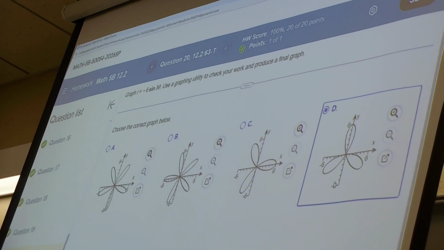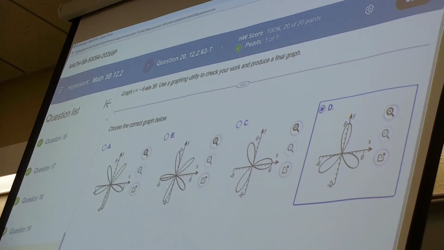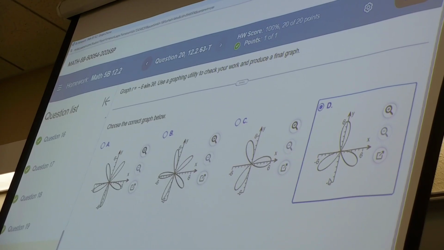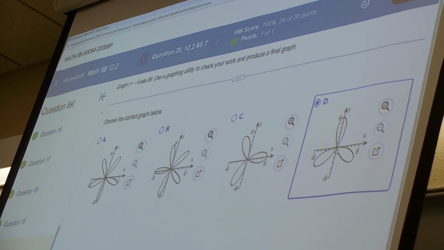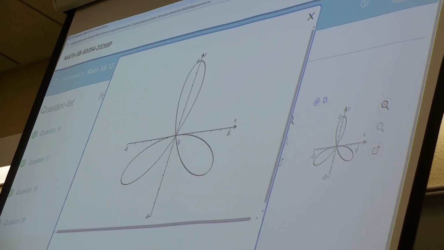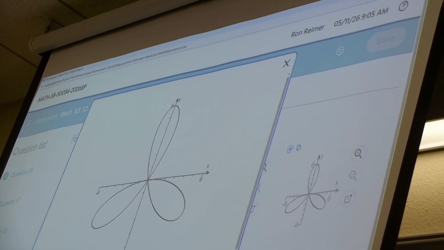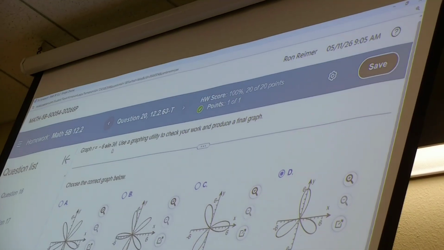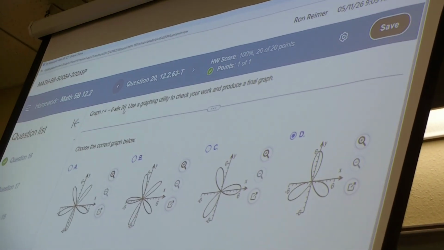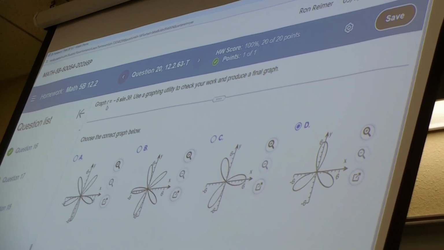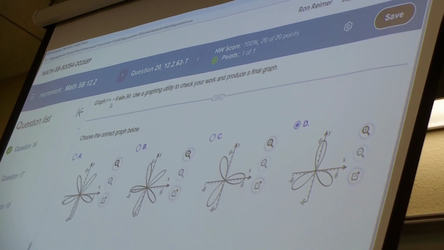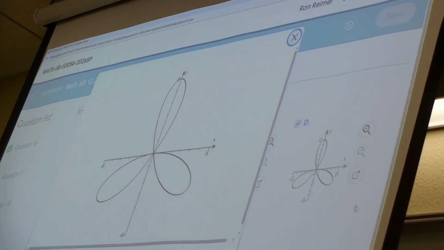Likely D, wouldn't you think? 0, -6? No. 0, 0, there's a point at the origin here. When we put in 0 for theta, 3 times 0 is 0, sine of 0 is 0, r is 0. So when our angle is 0, the distance from the origin is 0. Does that agree here?